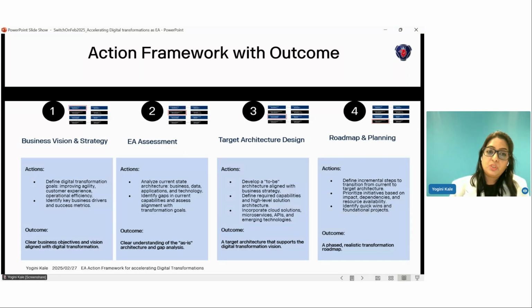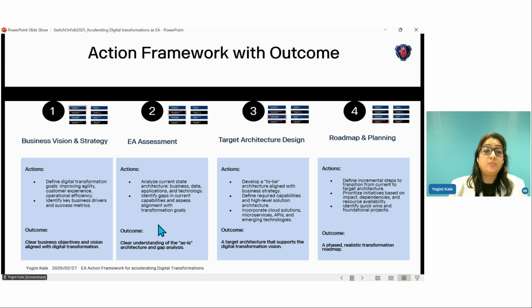The next step in the transformation could be where you start looking at the enterprise architecture view within the organization. So, as a part of EA assessment, you can analyze the as is state and get a common view of what is the as is state for a business, data, application, and technology side.